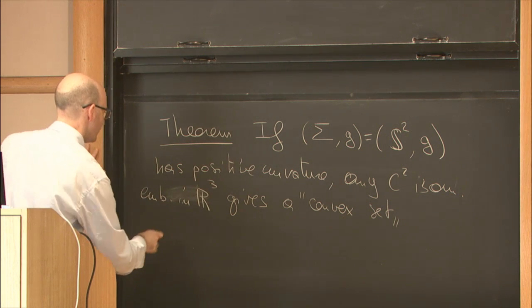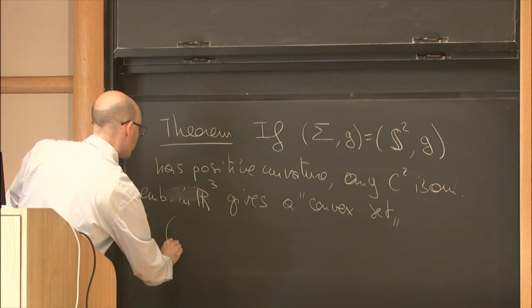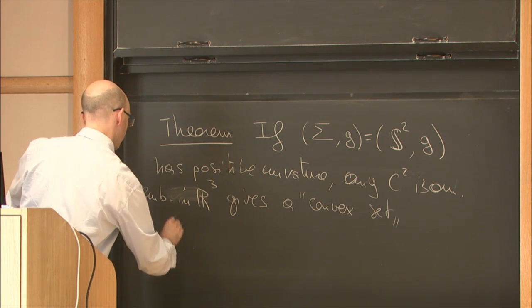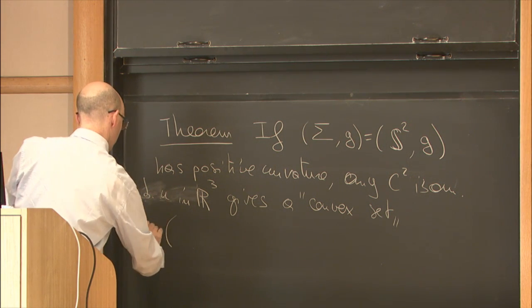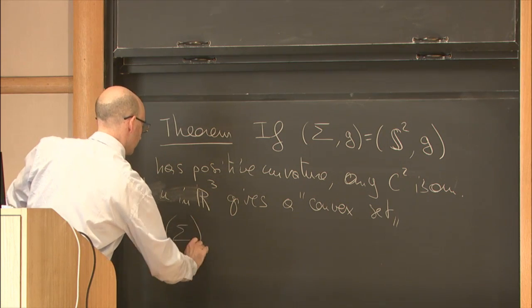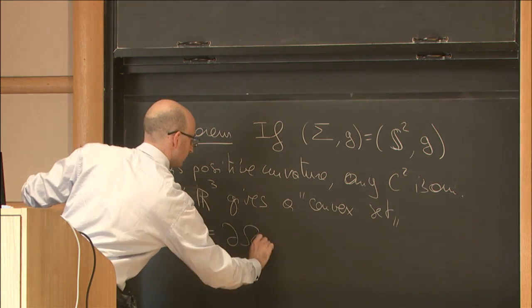So gives a convex set means the image of S2 through your map. So let me call U the map. So U of sigma is the boundary of a convex body.